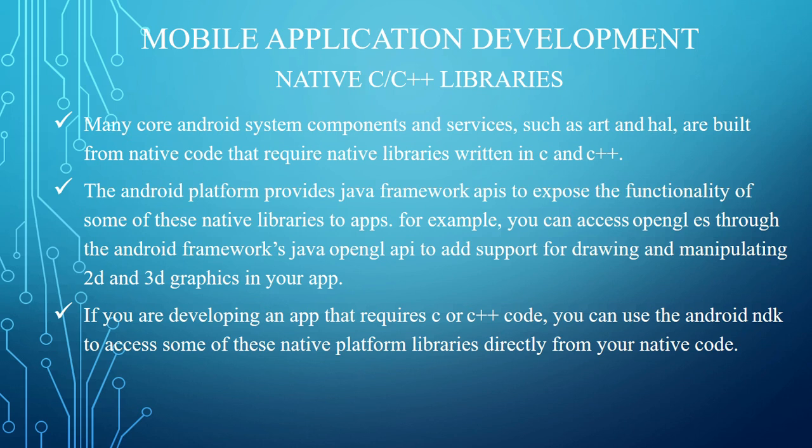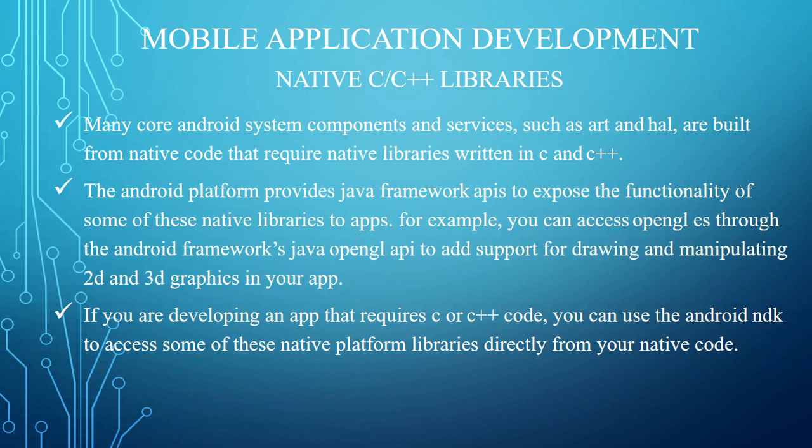Now let's look at the Native Development Kit, NDK. By native languages, we mean all other languages that anyone can speak fluently. For example, if you can code fluently in C++, you can develop your framework, or your driver or library in C or C++.